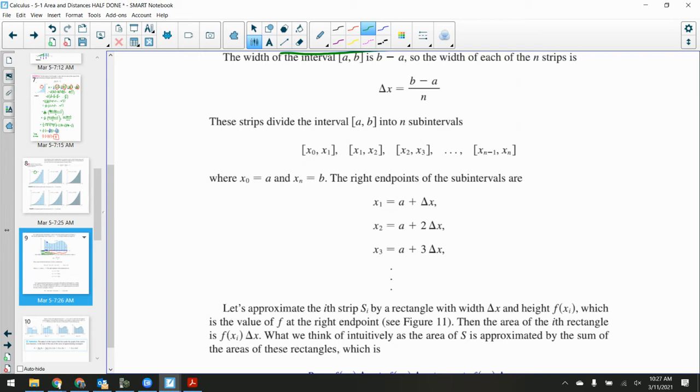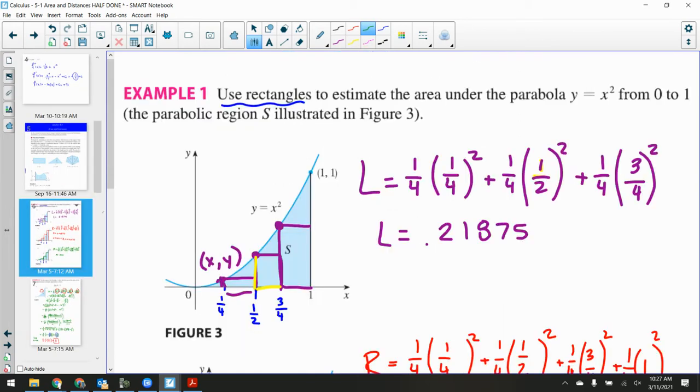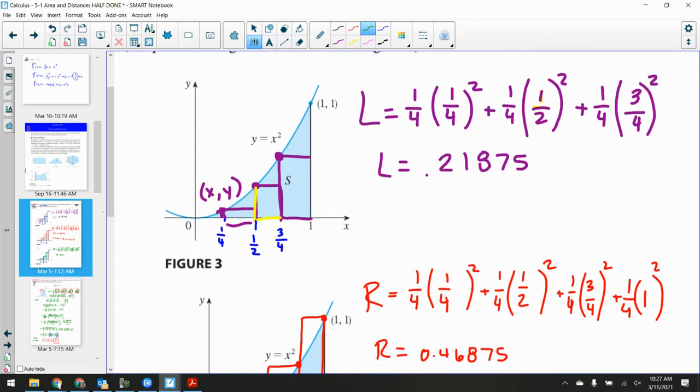We didn't have to worry about that with our very first problem, because we started at the y-axis, at 0. If I wanted only the distance from 1/2 to 1, that would be a different story. I would take my starting value plus my interval.